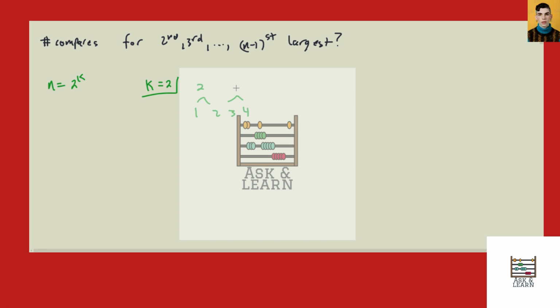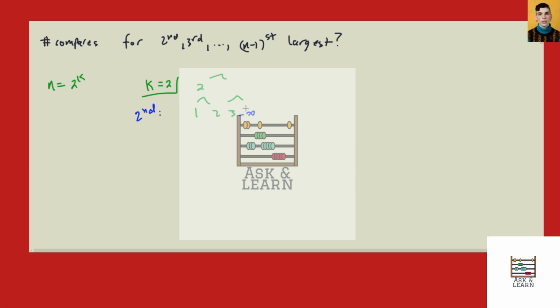That one should be 4, and then we compare those, and that gives us 4. That was just finding our largest, but now let's assume that we get rid of that, replace this with negative infinity, and we want to find our second largest. Let's see how many comparisons this would give us.